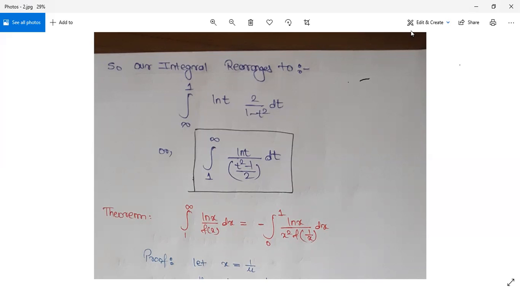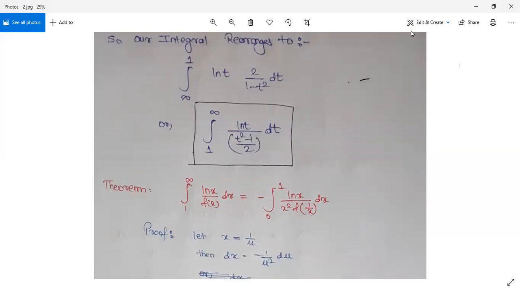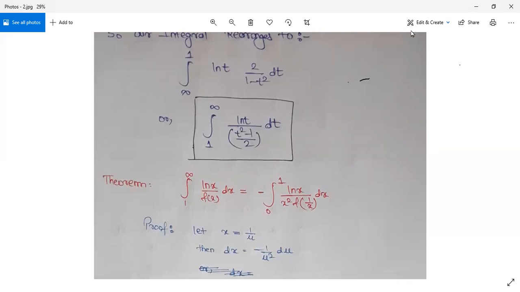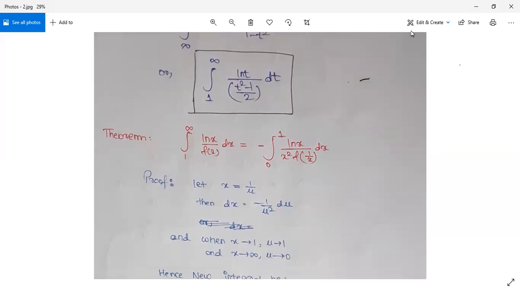And 1 minus t square is now t square minus 1, because I have taken a negative term out of it. The numerator 2 can simply be represented as a denominator of the denominator. It is a simple thing. Now, the integration which we need to solve is the integration from 1 to infinity of natural logarithm of t divided by (t square minus 1) by 2 into dt.